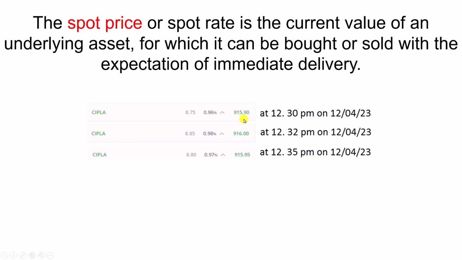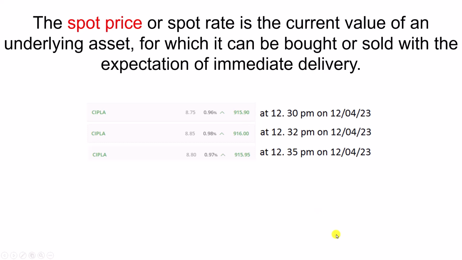At 9:30 it will be one price, at 10:30 it will be one price, at 12:30 one more spot price, at 1 p.m. one more spot price, and so on. From the time the market opens till the market closes, the price keeps on fluctuating, and so does the spot price. So spot price is the market price at which you can buy the stocks immediately.